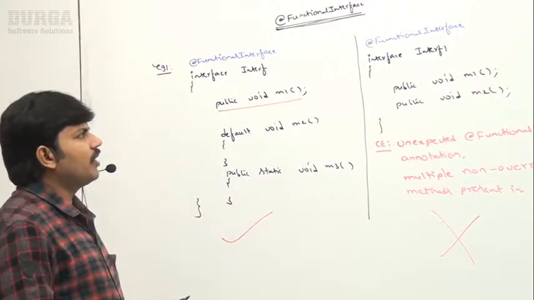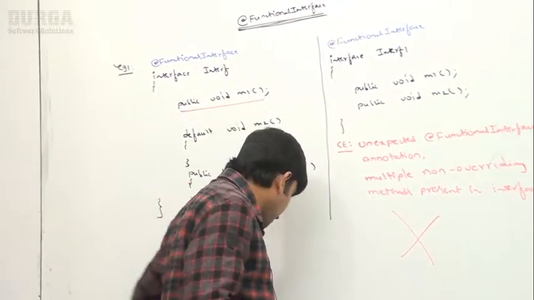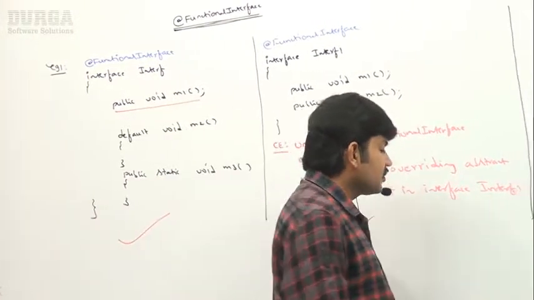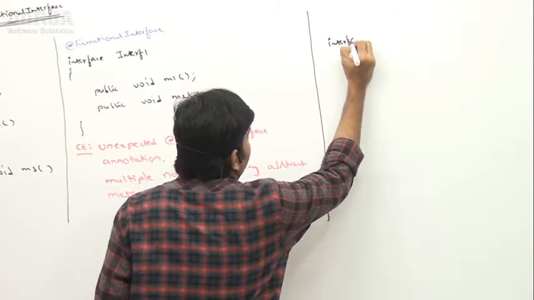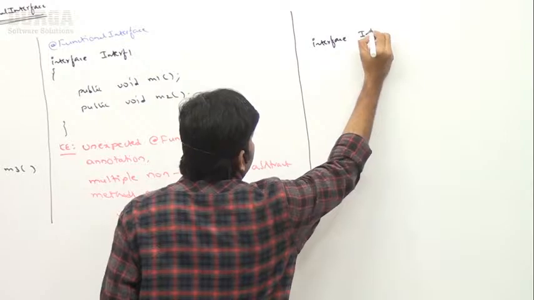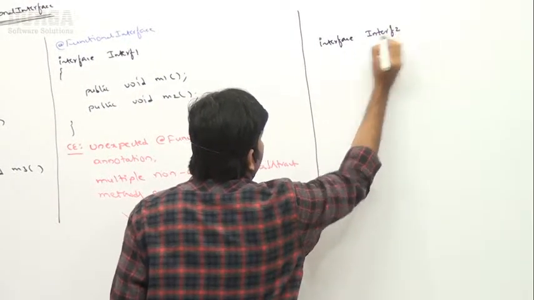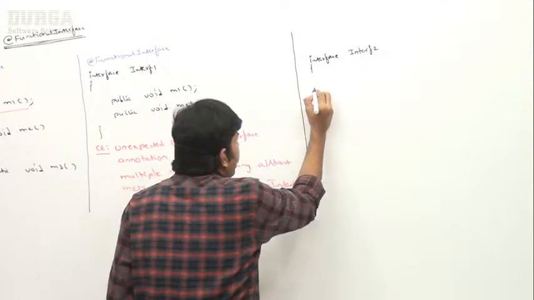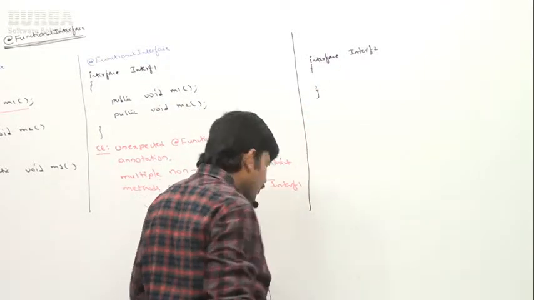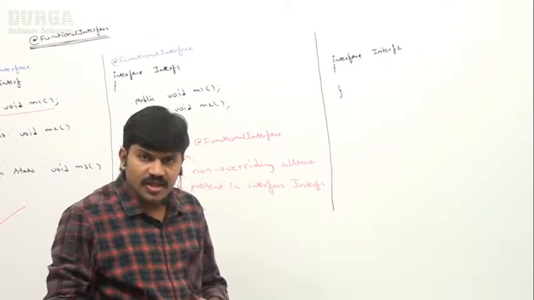Sir, let me go for another example so that you will understand more clearly. I'm taking one more interface, interface Interf2. Here I'm not declaring any abstract method, assume that.